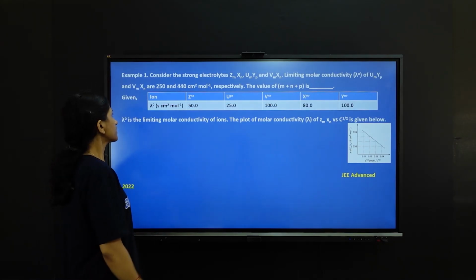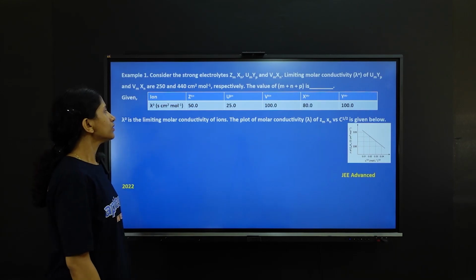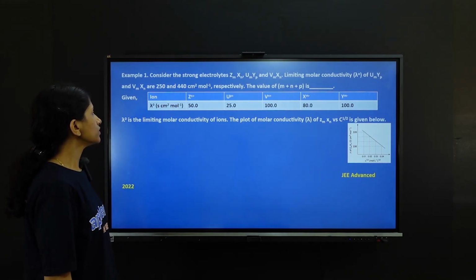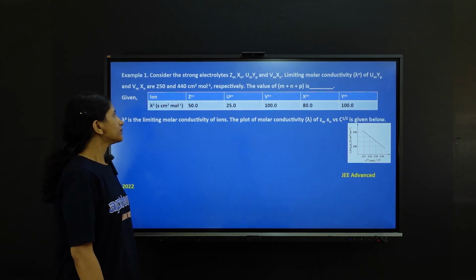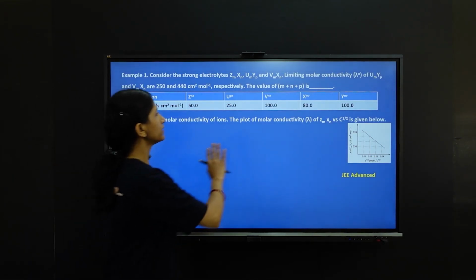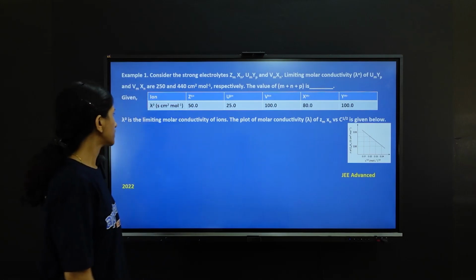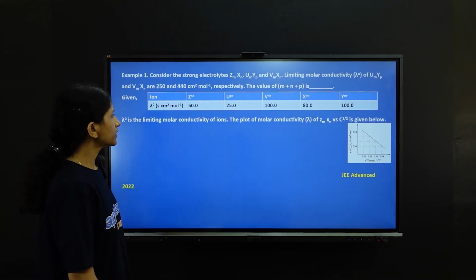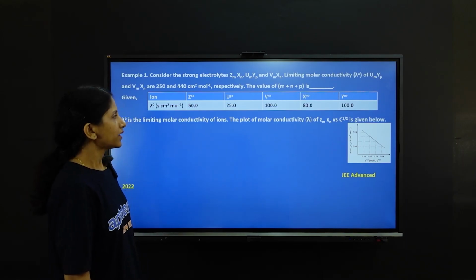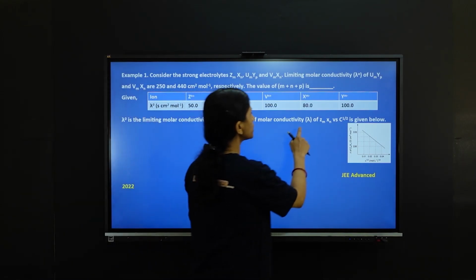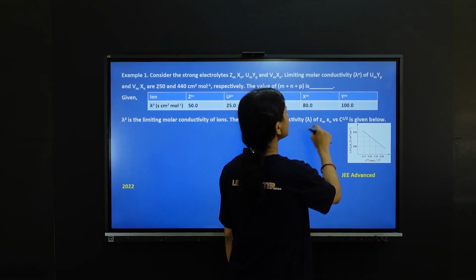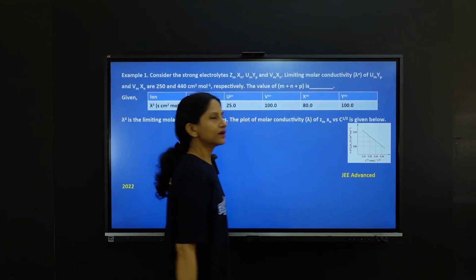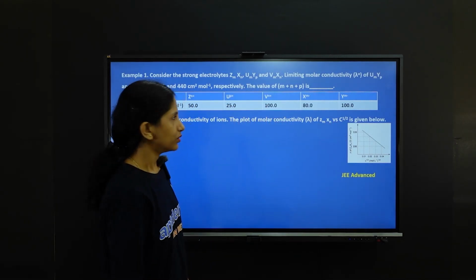Some information is given here. Lambda 0, which is represented in the unit Siemens centimeter square per mole, and for some ions these values are given, where lambda 0 is the limiting molar conductivity of ions. Also, the plot of molar conductivity of ZmXn versus root C is given below.